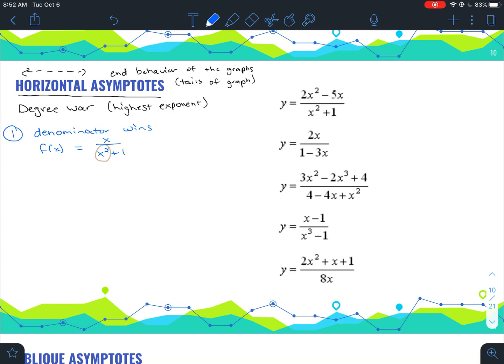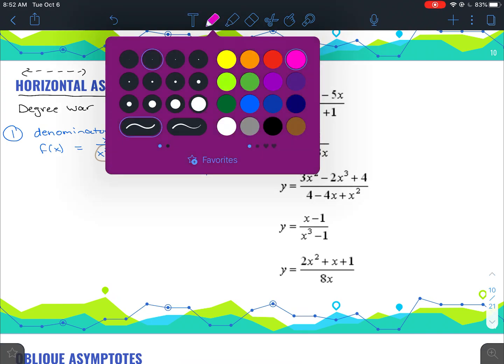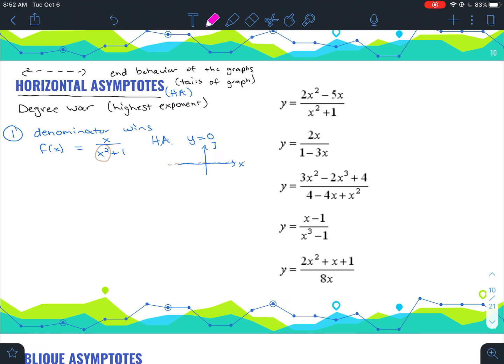Notice the denominator has the highest degree of x squared. So when the denominator wins, you automatically have a horizontal asymptote, and I'm going to abbreviate those HA. You have a horizontal asymptote at y equals 0. So on the graph, your horizontal asymptote would be when y is equal to 0, or the x-axis. So if the denominator wins, it has the biggest degree, you have a horizontal asymptote at y equals 0.